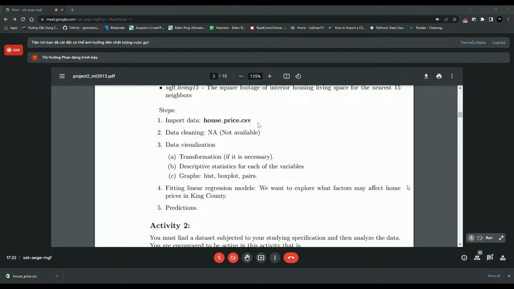The aim of activity one is to show you the general framework for working with real data analysis. For example, step one, import data; step two, data cleaning; step three, data visualization, which means the descriptive statistics we have learned in chapter four. Then fitting the model and predictions, and so on.